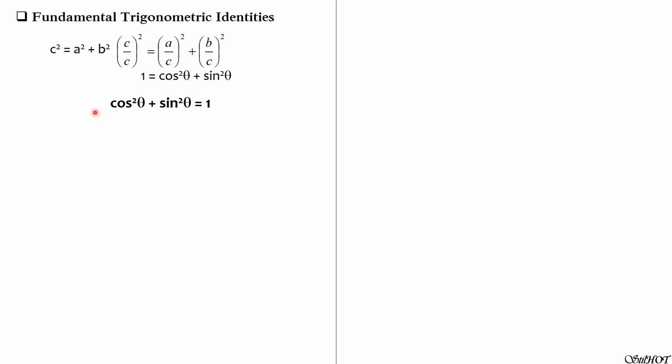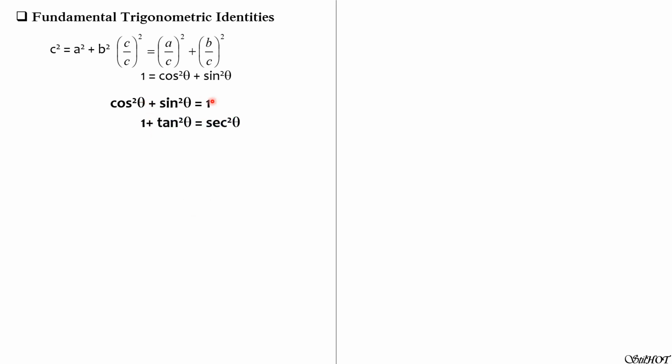If we divide everything by cosine squared theta, then that becomes 1, and sine over cosine is equal to tangent, so 1 plus tangent squared theta equals 1 over cosine squared theta, which is secant squared theta. So 1 plus tangent squared theta equals secant squared theta.